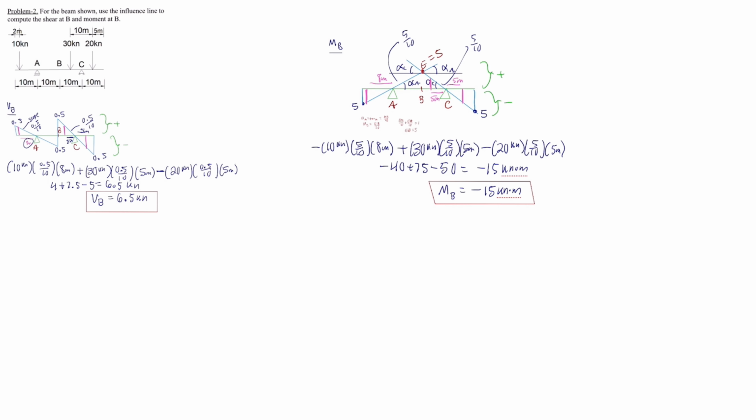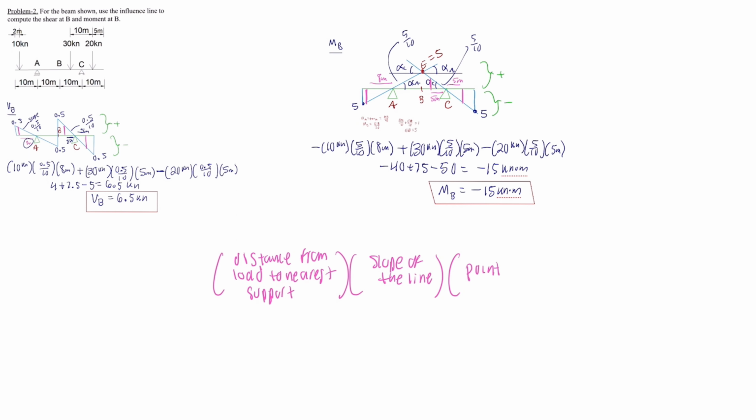So when calculating these type of problems, you go ahead and draw the influence lines and find the slopes, and then to calculate the shear, moment, or reaction, you do the distance from the load to the nearest support times the slope of the line times the point load.